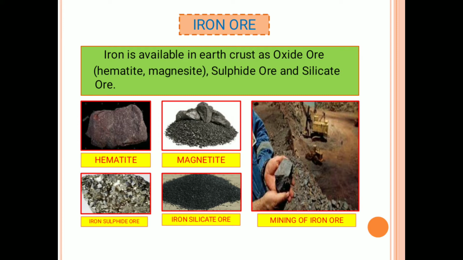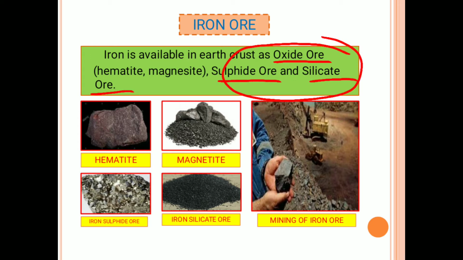They are oxide ore, sulfide ore, and silicate ore. So we can get the iron ore from the earth crust in these three forms.